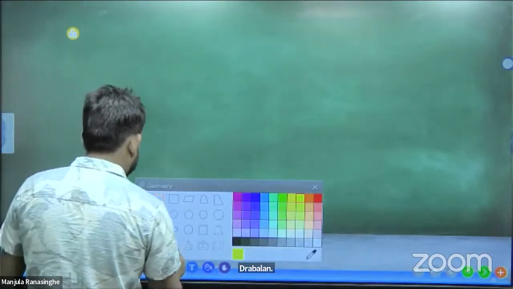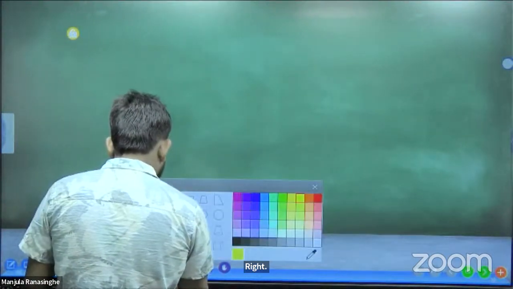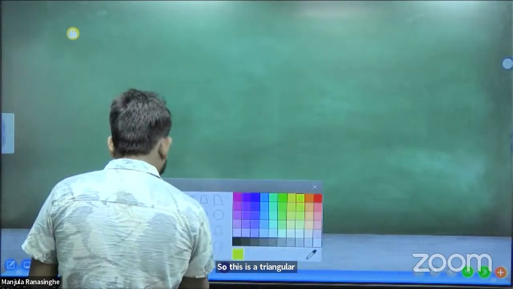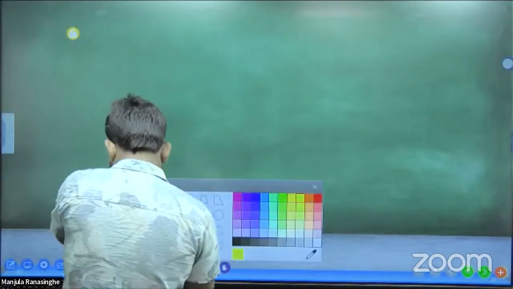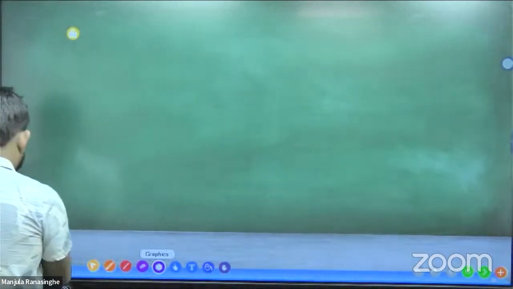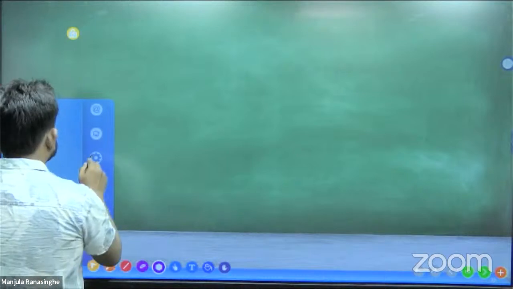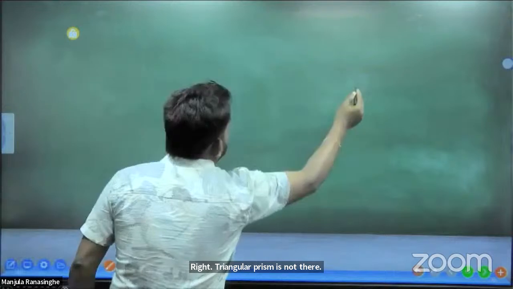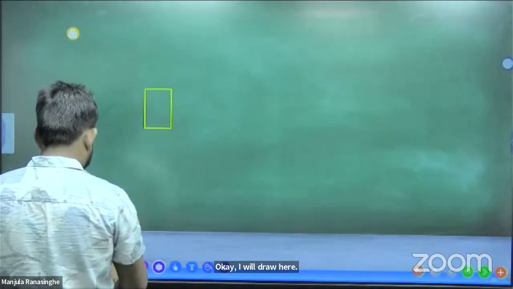Okay, I will draw here. This is like a triangular prism.